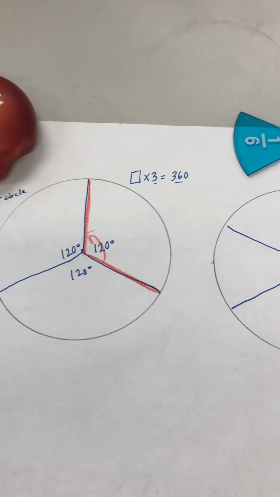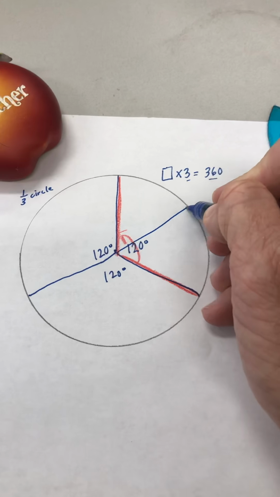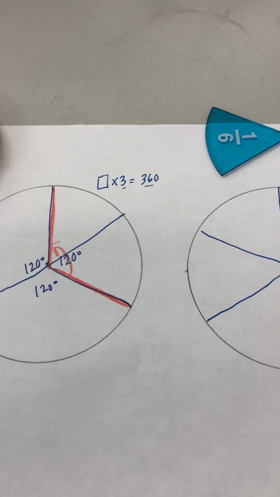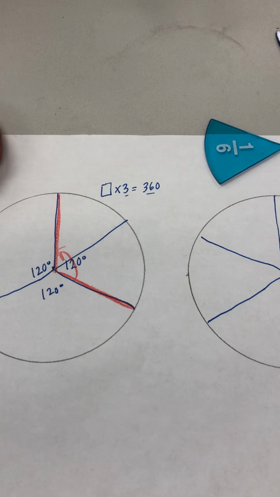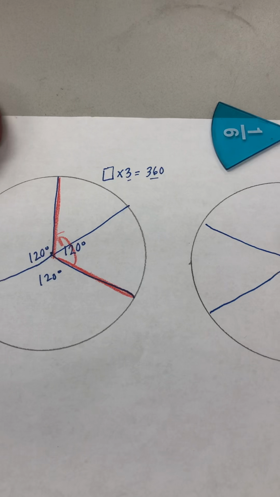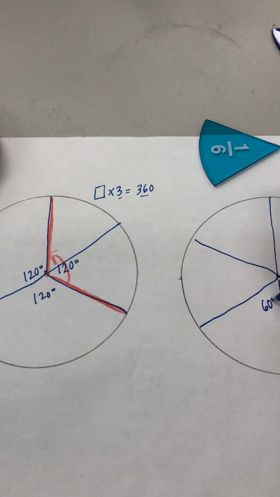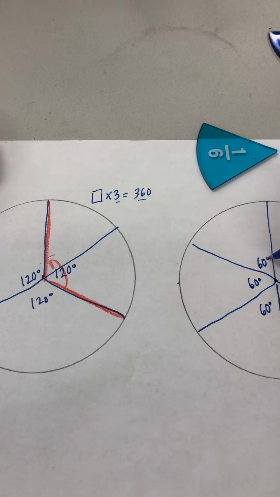If we knew that 1/3 of the circle was 120 degrees, basically we have split each one of those in half to make 6. So each one of these is going to be, 6 times 6 is 36, so each of these becomes 60 degrees. Okay, and 60 times 6 gives me 360.